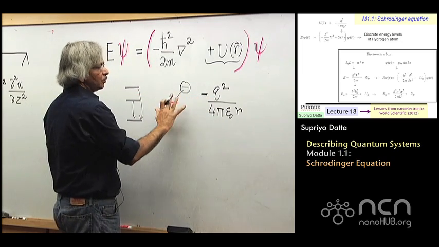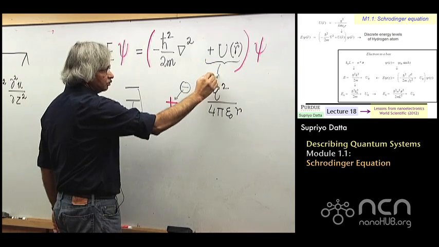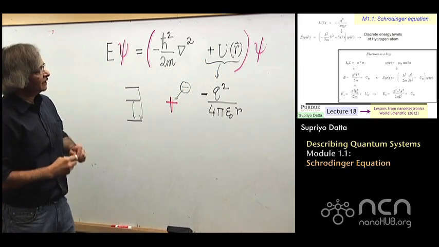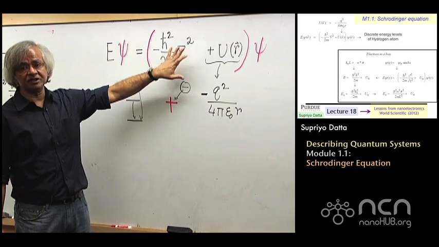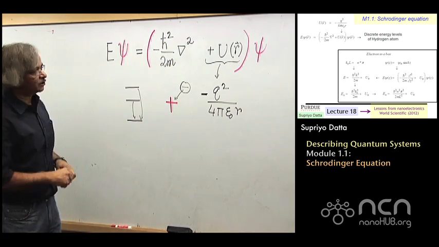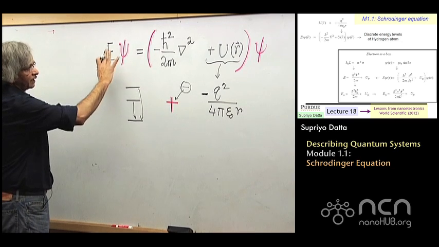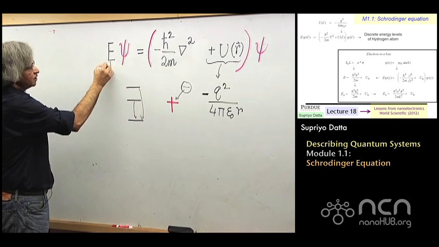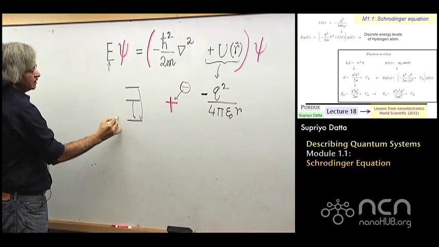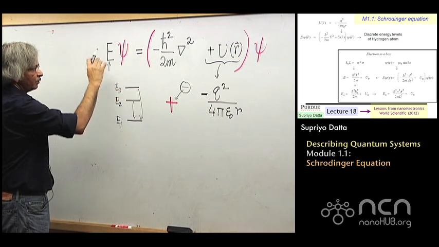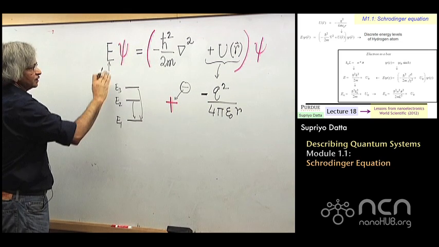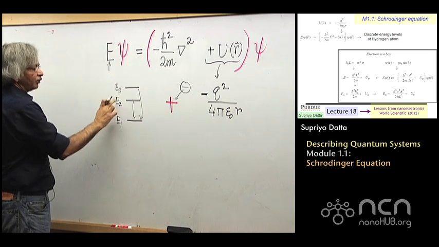That's what U would be. For a potential energy that looks like that, you can solve this equation analytically, and you can show that you only get solutions when the energy takes on specific values, E1, E2, E3, etc. You wouldn't get any solutions unless E happened to have one of these values.